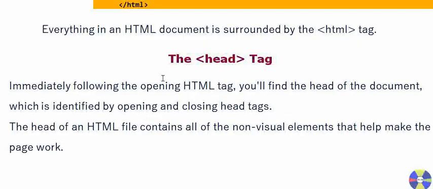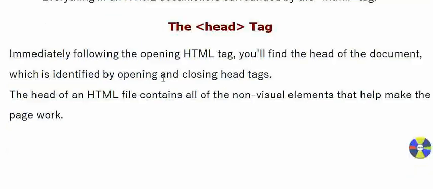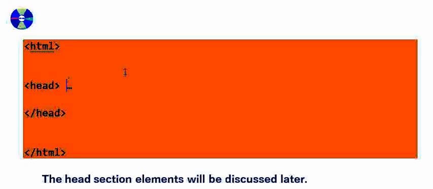So let's proceed. Now the head tag. Immediately following the opening HTML tag, you are going to see the head of the document, which is identified by opening and closing head tags. Look at how it looks here. Remember, we first learned about this and this. So inside the HTML tag, we also have the head tag, with every other meta information about the website.